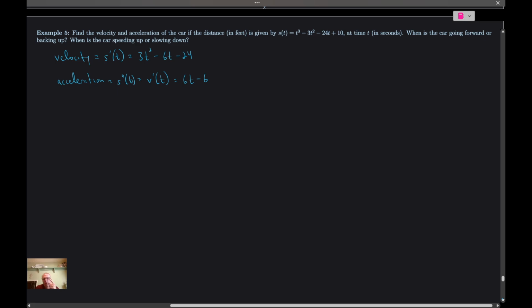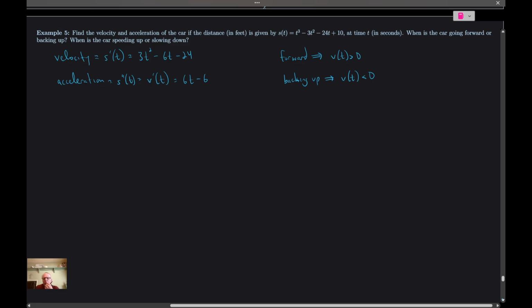First question, when is it going forward or backing up? Forward means the velocity v of t is positive, and backward or backing up means v of t is negative.